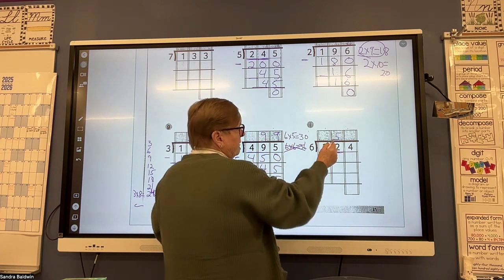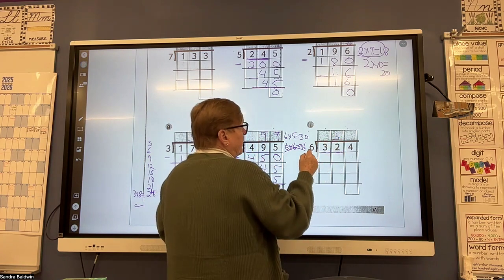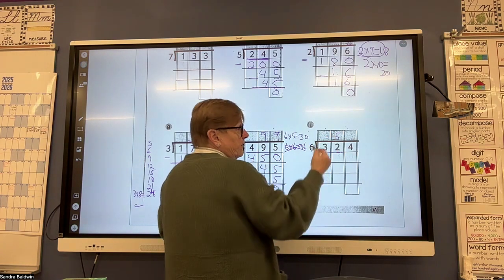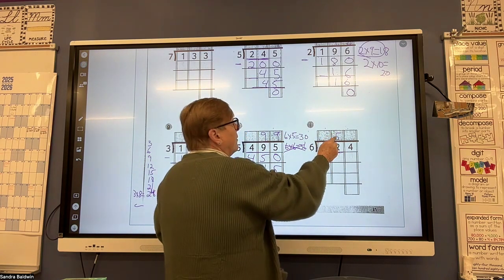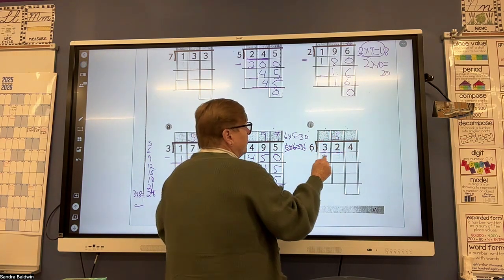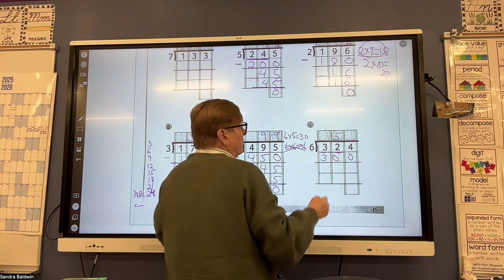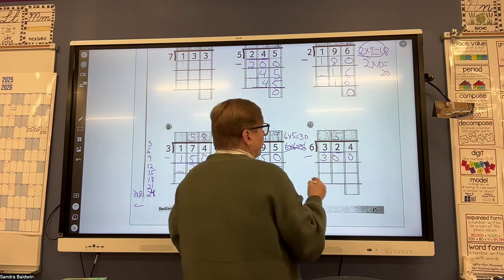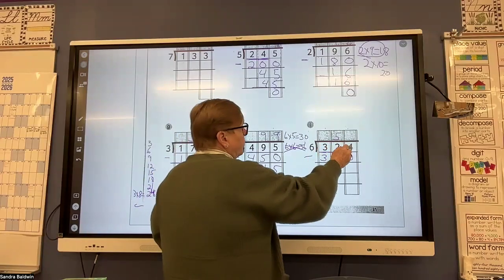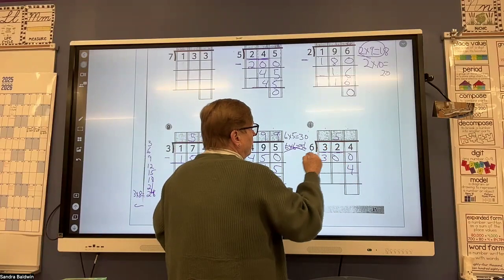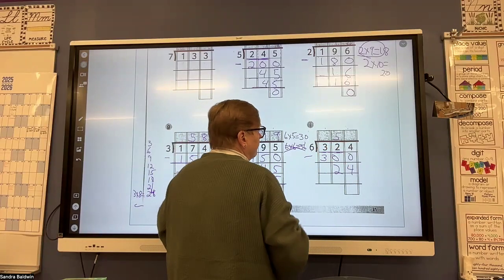So I divided. 32 divided by 6, 5 is as close as I can get. I multiply. 5 times 6 equals 30. Then I'll add the 0. I'll subtract. 4 minus 0, 4. 2 minus 0, 2.